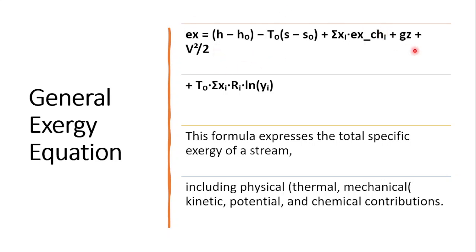So in summary, these two items are related to the physical exergy. This item is related to the chemical exergy. This item is related to the potential exergy, and this item is related to the kinetic exergy.